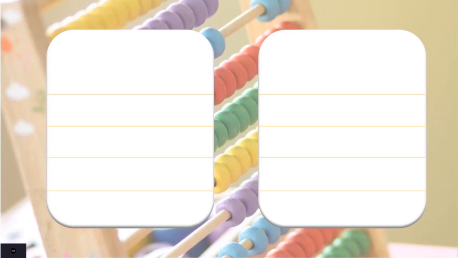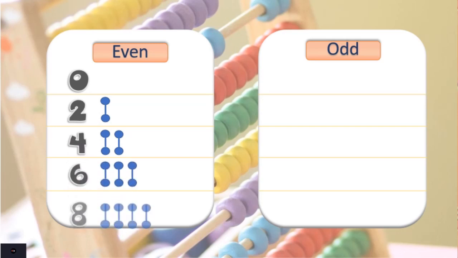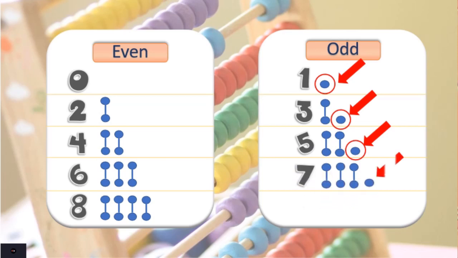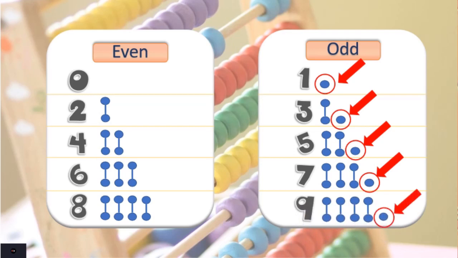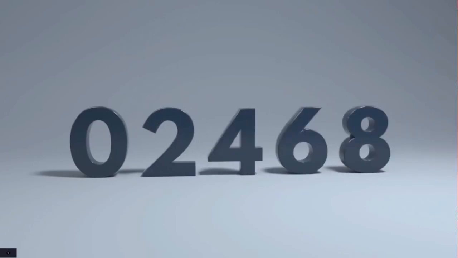Let's compare even and odd numbers. 0, 2, 4, 6, and 8 are called even numbers.